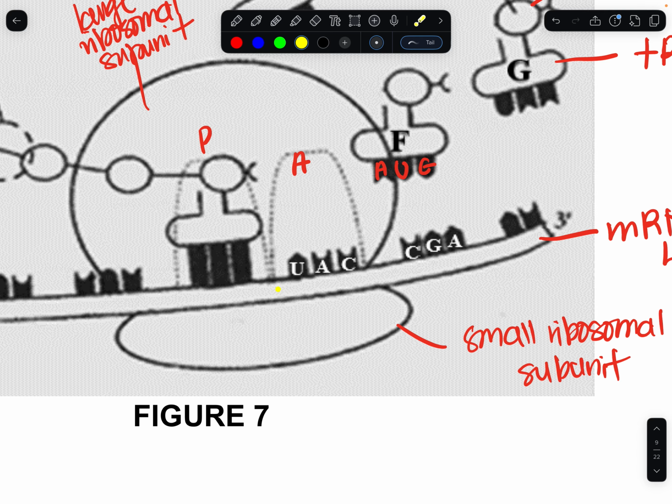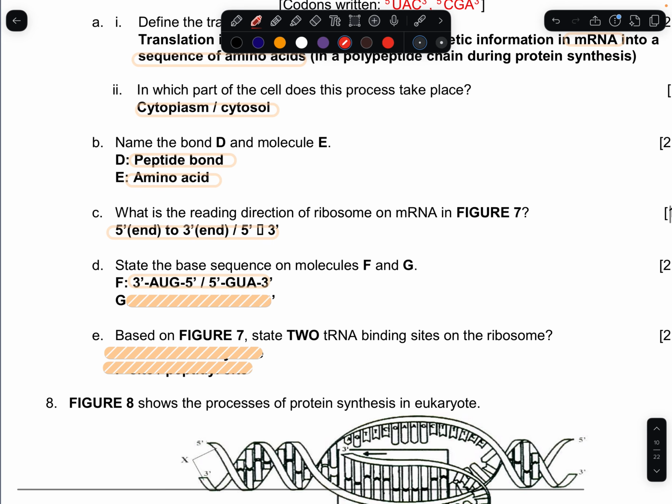How about the direction? Sebab kalau mRNA codon 5' to 3', anticodon, apa Miss bilang? Dekat sini tRNA ada anticodon. T3 start dari 3' to 5'. So wajib tulis dekat sini 3' dash AUG dash 5'.